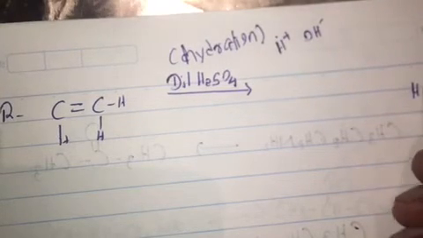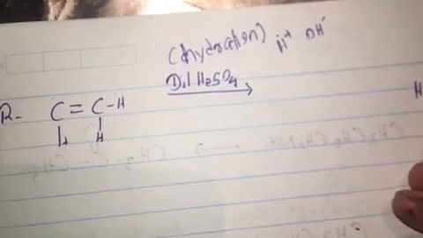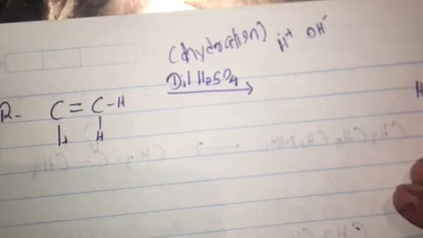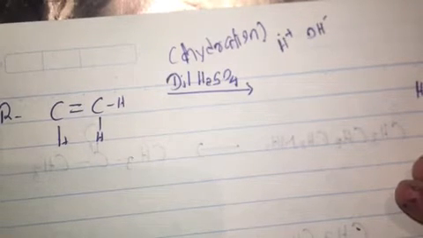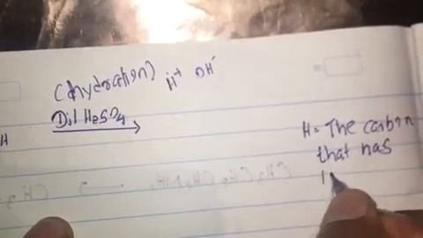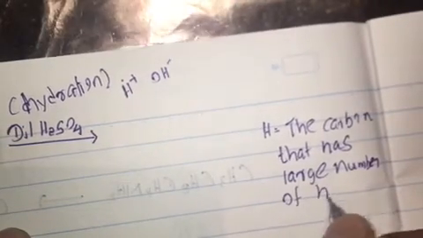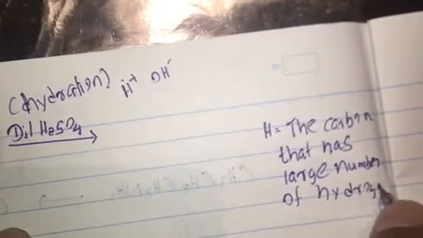The hydrogen, H plus ion, attaches to the carbon that has the larger number of hydrogens, and OH minus attaches to the carbon that has a smaller number of hydrogens.